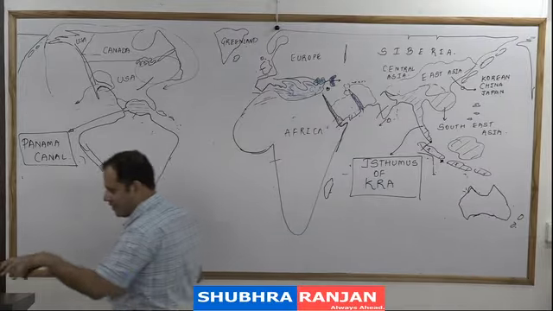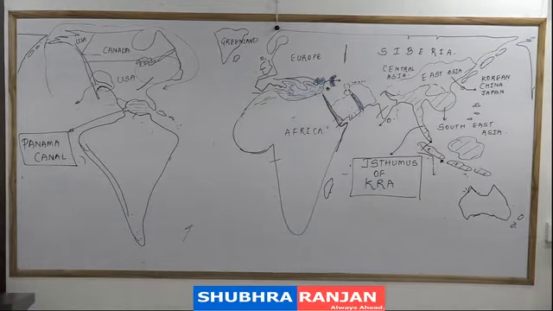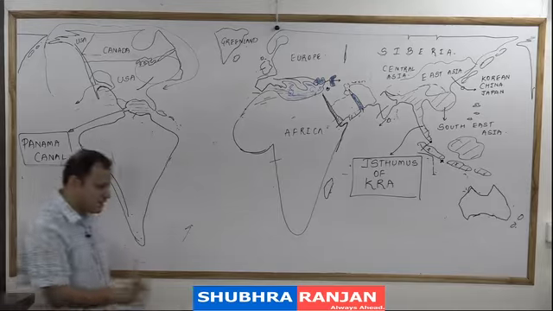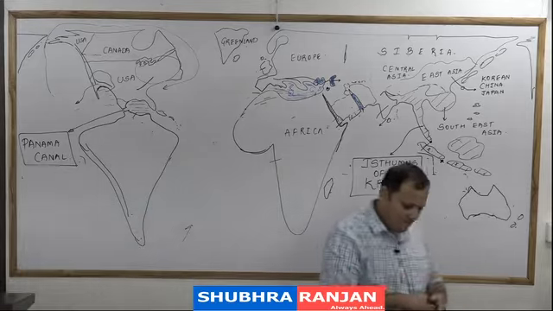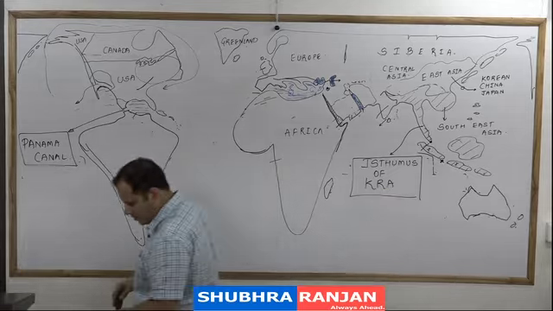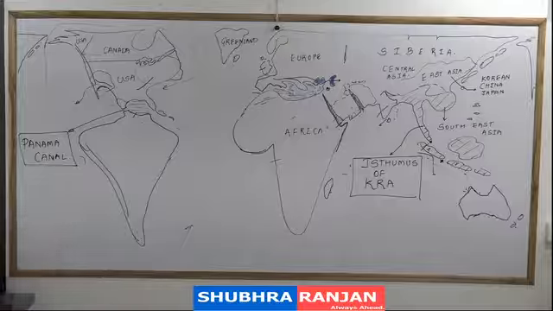Just now in the atlas, mark the islands which are known as the Greater Antilles and the Lesser Antilles. Did you find the words Greater and Lesser Antilles? You will find them there.